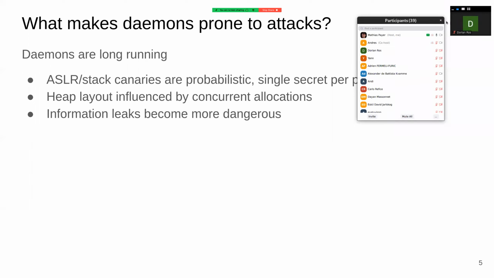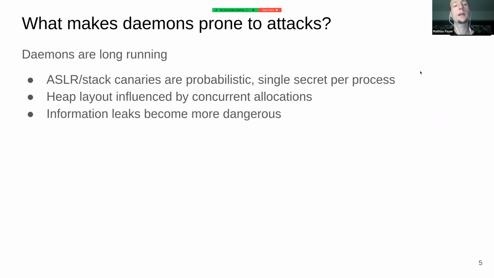Mute. Okay. So ASLR and stack canaries are probabilistic. There are single secrets per process. And the issue with long-running daemons is that all of these mitigations that rely on information hiding can leak information, right? And an attacker may have an opportunity to run several attacks against a daemon.